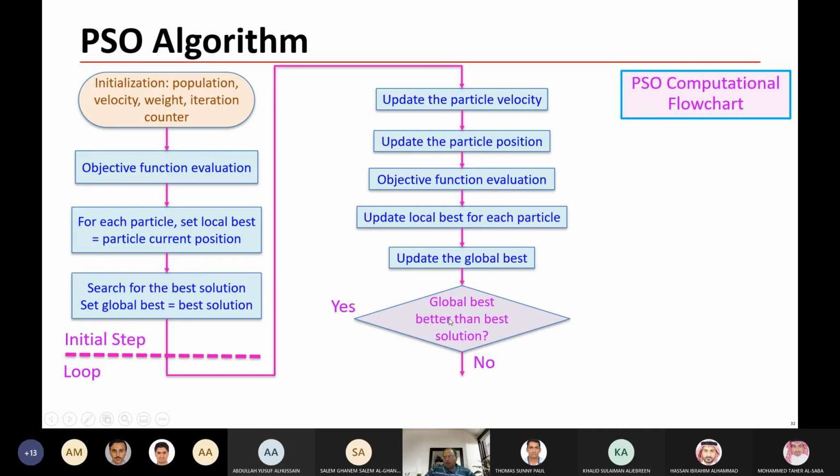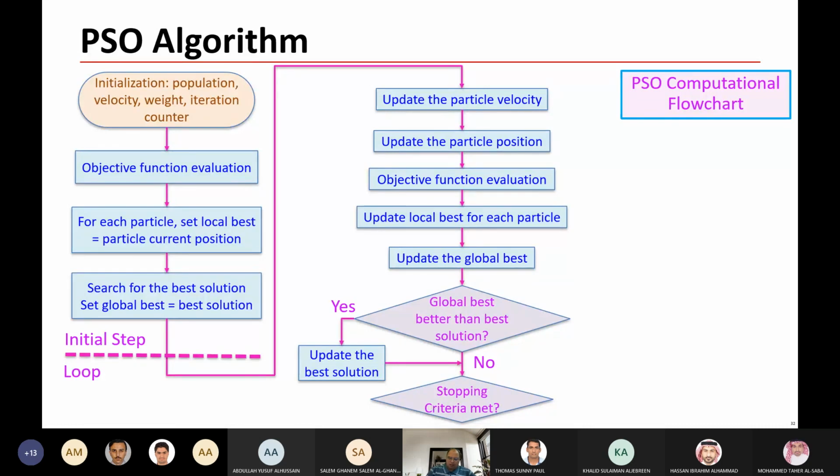We are keeping this in mind, as we are looking for the global best, the optimal solution. So if you found a better solution, you have to update the best solution, and then continue. And then you check the stopping criteria.